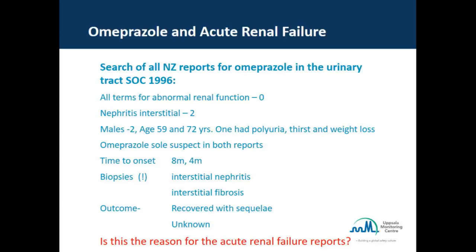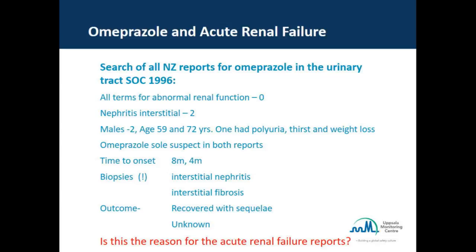Time to onset 8 months and 4 months, and these people had biopsies. Wasn't that wonderful? You so rarely see a biopsy. And 1 of them had interstitial nephritis and 1 had fibrosis, which was thought to be due to perhaps repeated attacks of this. 1 recovered with sequelae, 1 was unknown.